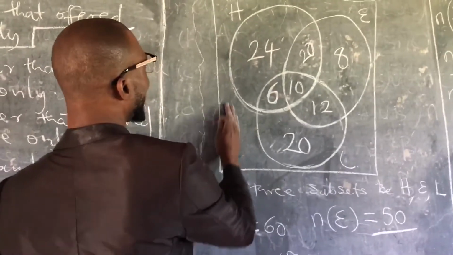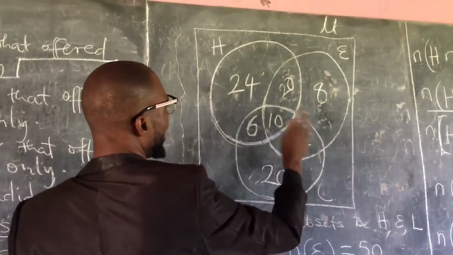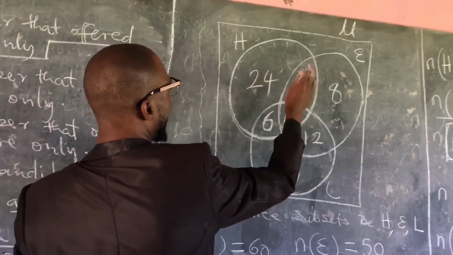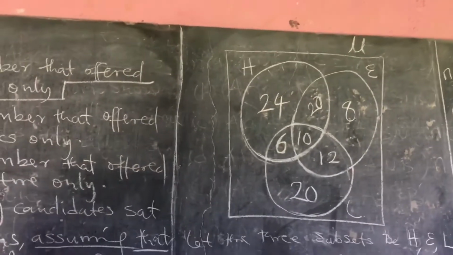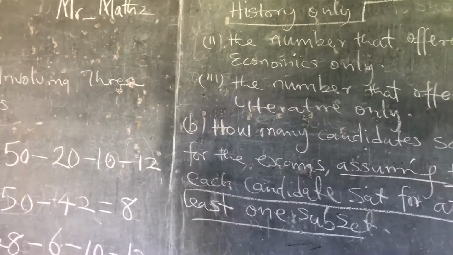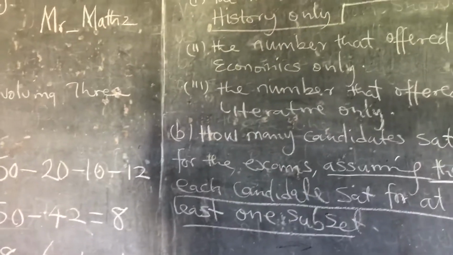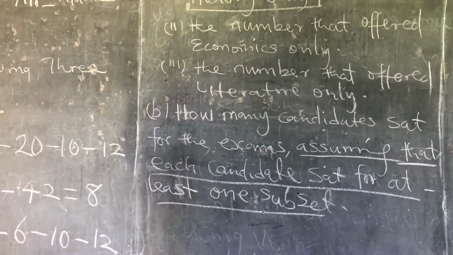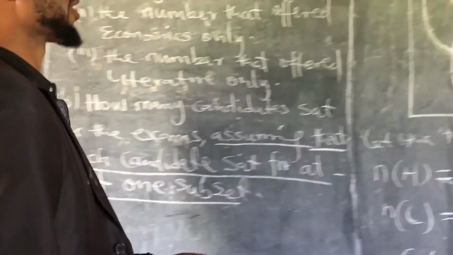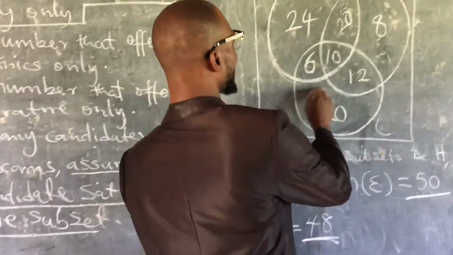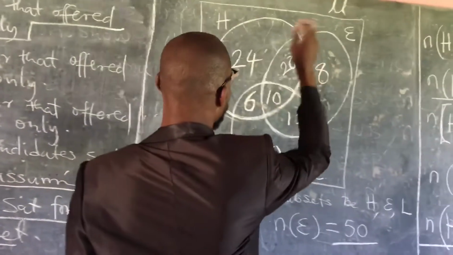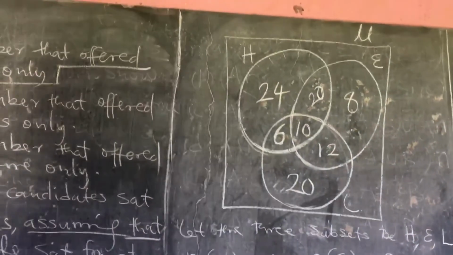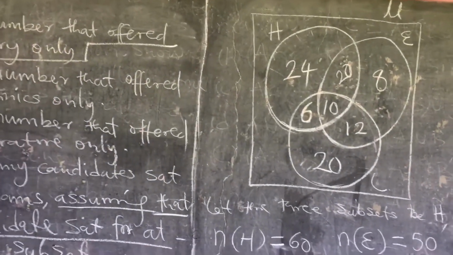So we don't get anything inside this box. Everything we get is inside one of the sets. So if that is the case, how many people sat for the exam? We will just add everything inside these circles. If you add everything, we'll get how many people sat for the exam.